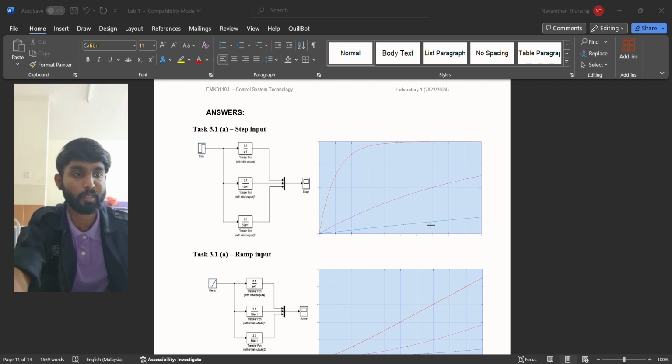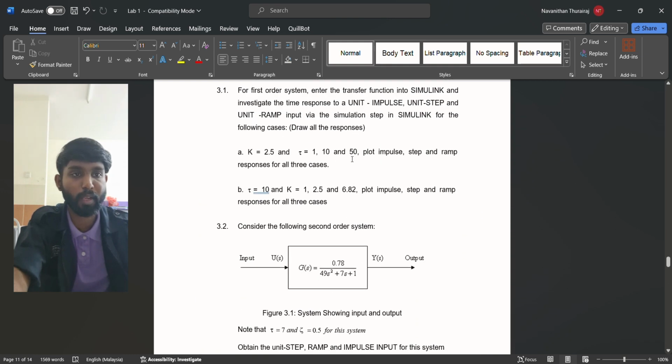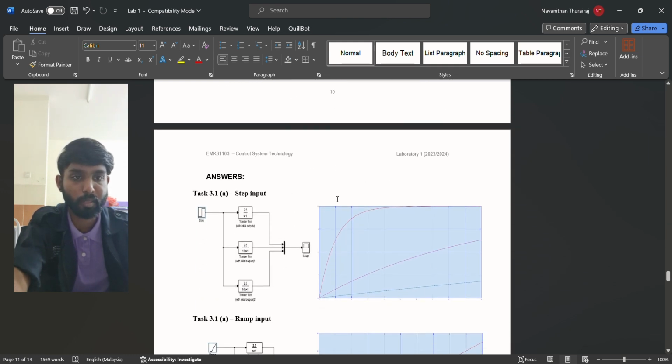Then we'll be focusing on this and that. We are going to change the values inside: 2.5, 1, 10, and 50.